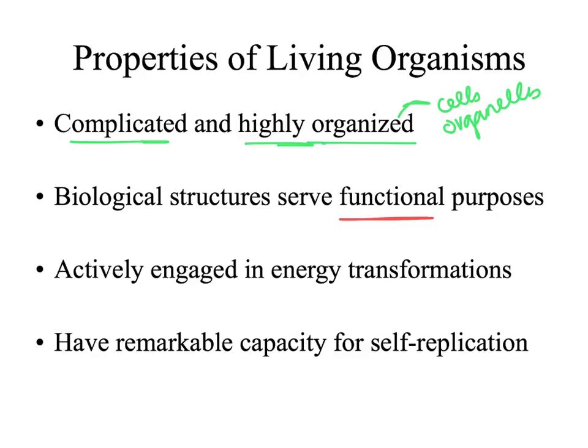In terms of energy transformation, living organisms are actively engaged in energy transformation. Energy transformation is key for living systems. We know that the ultimate source of energy is the sun.